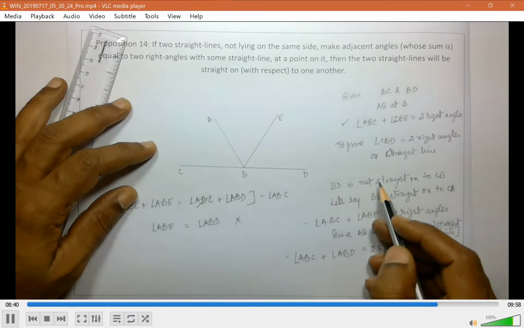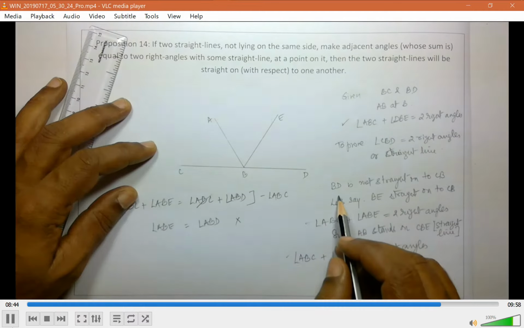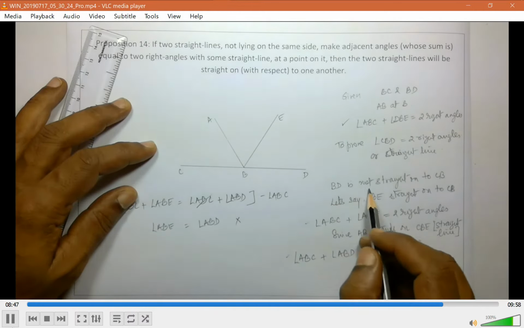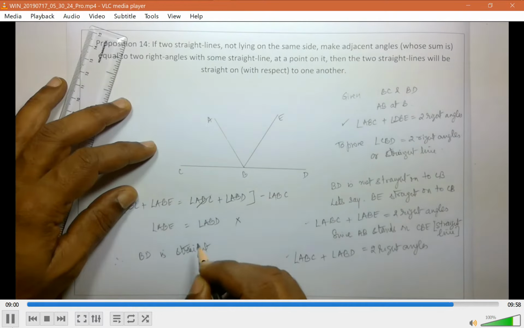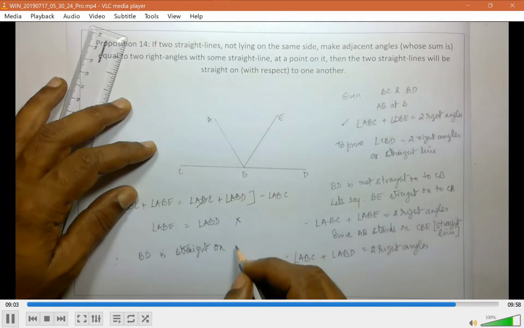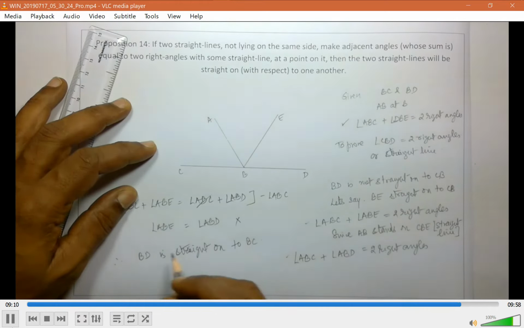That means our assumption is wrong, that BD is not straight on to CB. So therefore, BD is straight on to BC, or BC is straight on to BD.